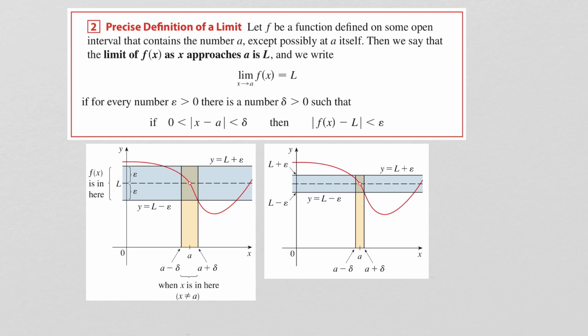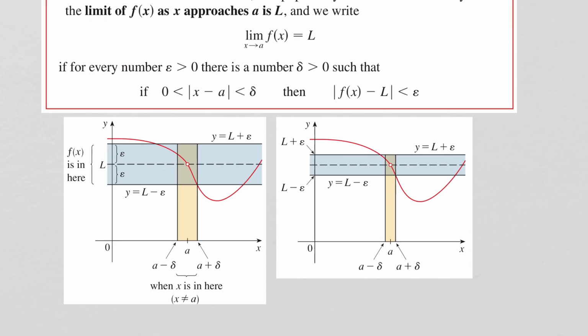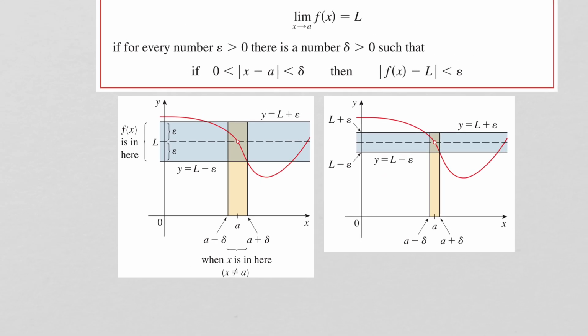So here we have a couple of diagrams to help us think about what the definition is really saying. Intuitively, we understand what it means to be a limit. We know that as x is getting closer to a, the values of f of x have to be getting closer to L. And you can see that is the case here in this diagram.